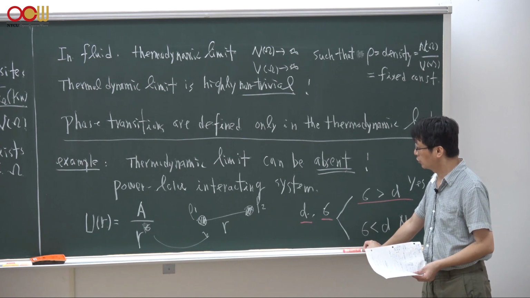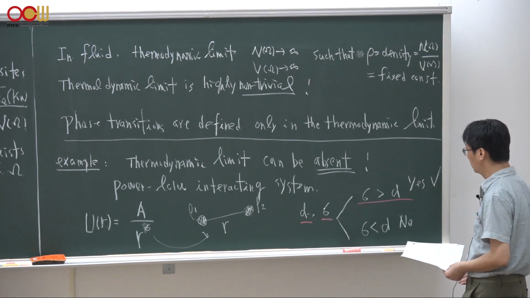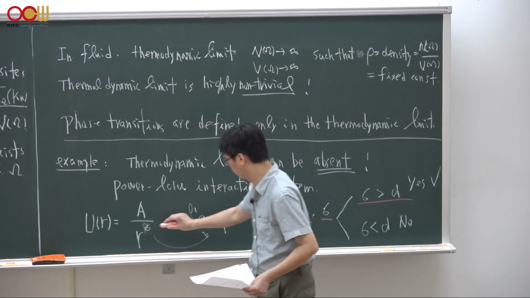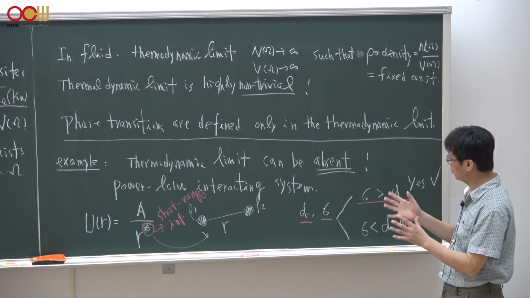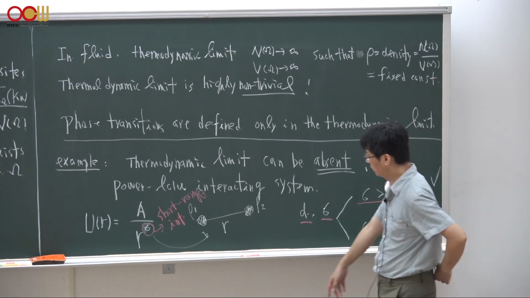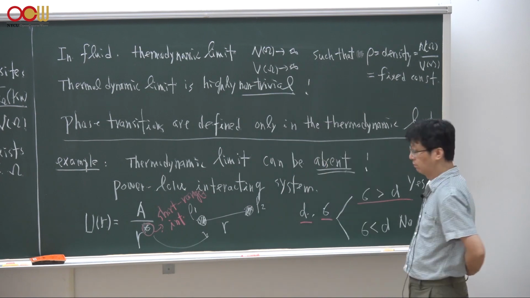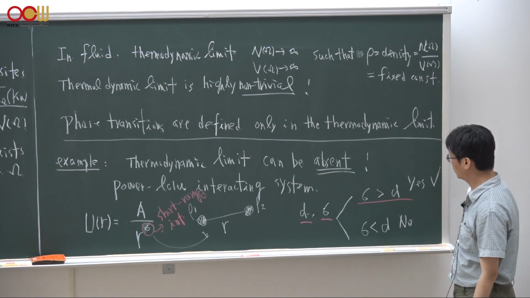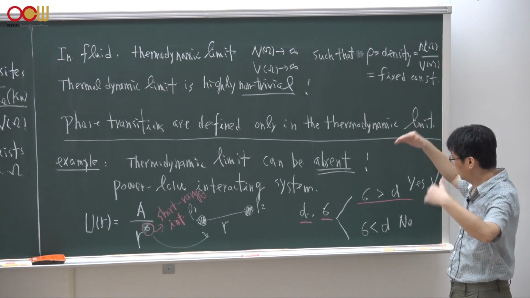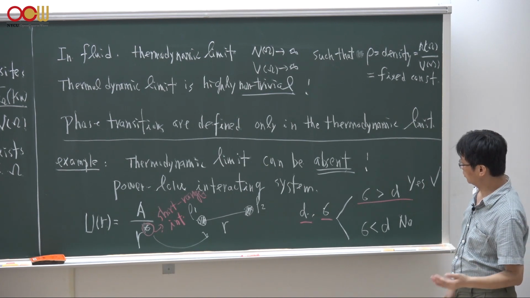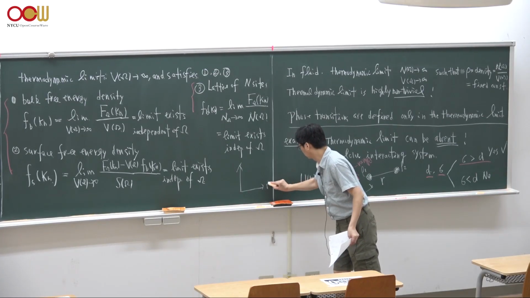And the general statement is that to have the thermodynamic limit, we need more short-range interactions. If the interactions are short range, meaning the exponent sigma of the power law in r is much larger than the dimensionality, then the interaction is effectively cut off when the distance is long enough, so that you only consider the short-range interactions between the particles.